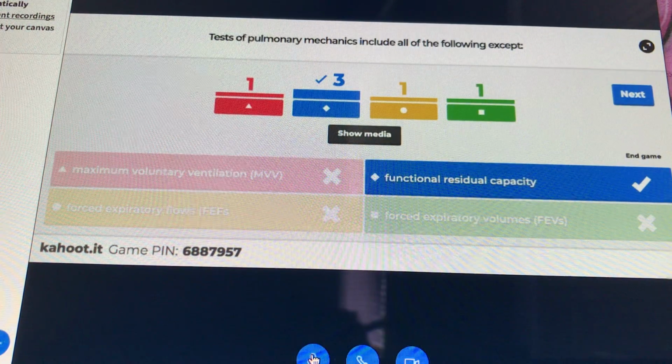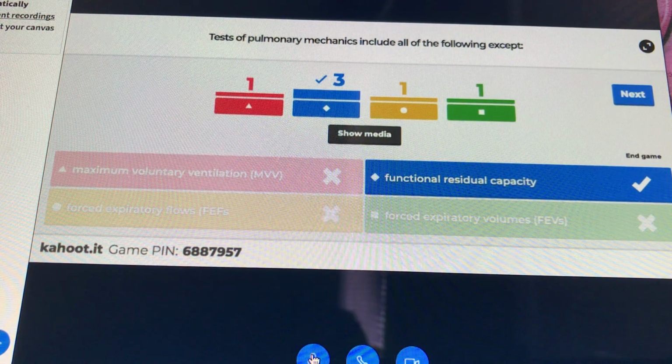So your FEFs, what do they tell you? And what do you have your patient do? How do you get these values? What maneuver do they do to give you these values?